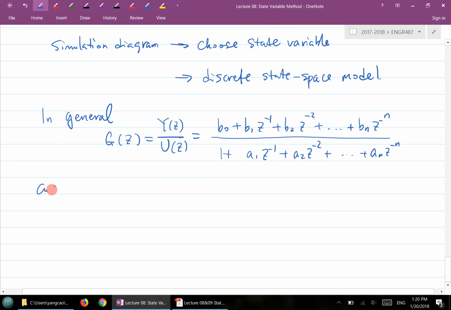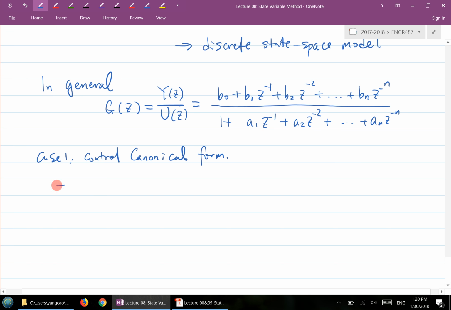The first case we're going to look at is control canonical. We'll look at deriving a discrete state space model from the general format, ending up with the so-called control canonical form. I'll do this using an example.